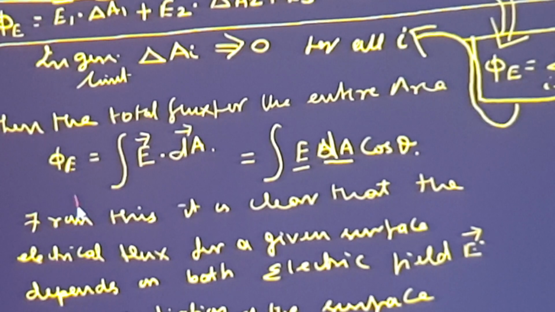If you want, you can write here limit delta A tends to 0.